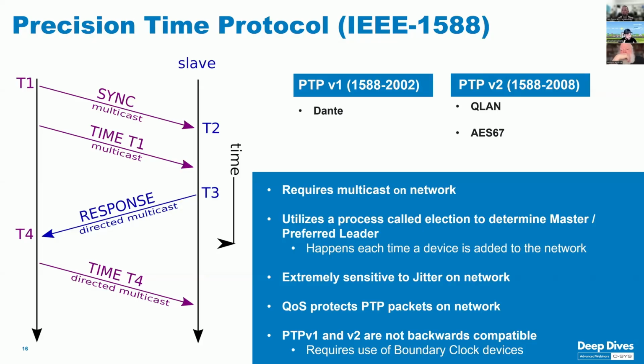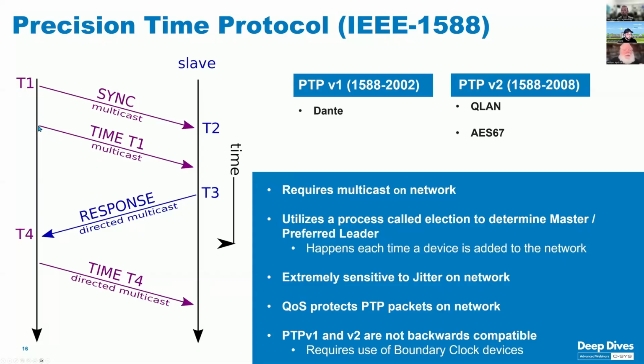Jitter being noise on the network. When we have lots of things talking, jitter can be introduced, especially if we do not have QoS involved. So with that 30 microsecond variance, the base specification of PTP gives us 280 microseconds to get packets from one place to another. And when we're talking about that, that's a very short amount of time.